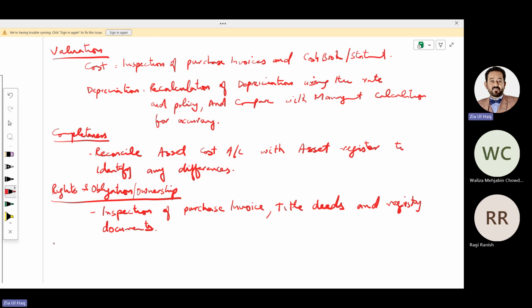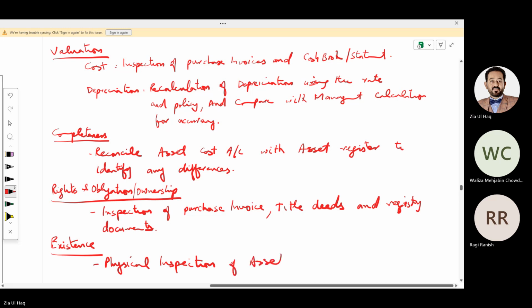How can we verify existence? Physical inspection of the asset and their condition.